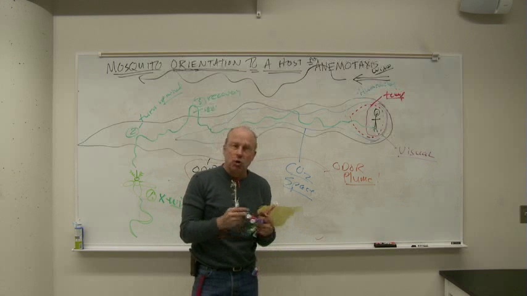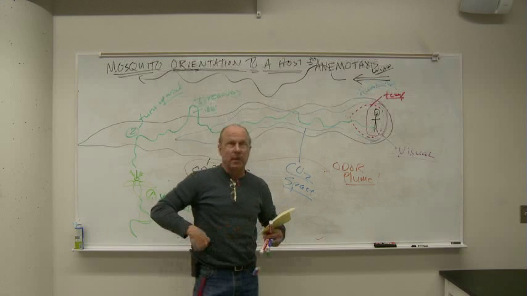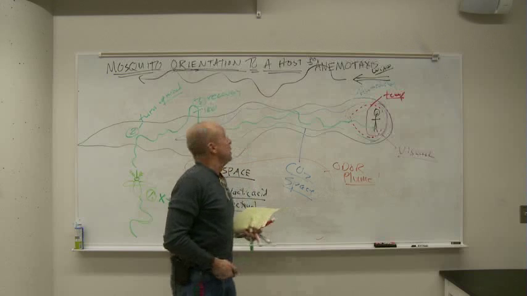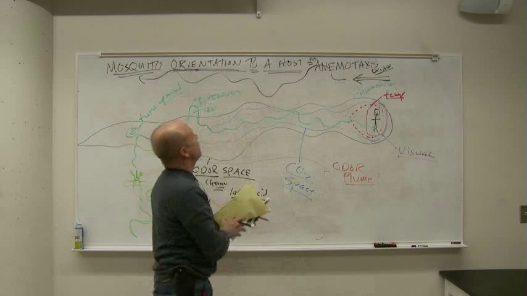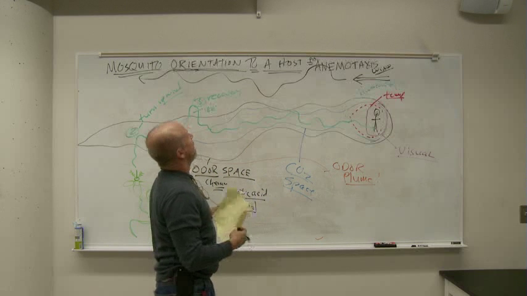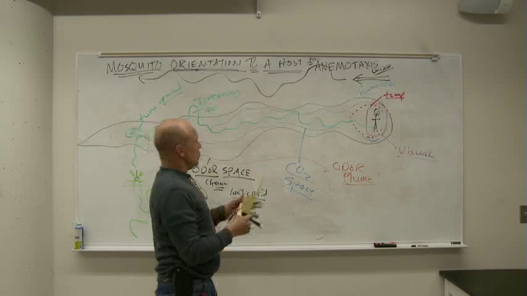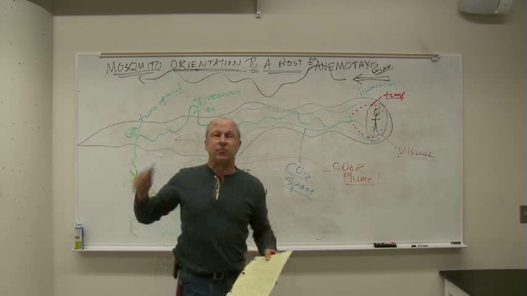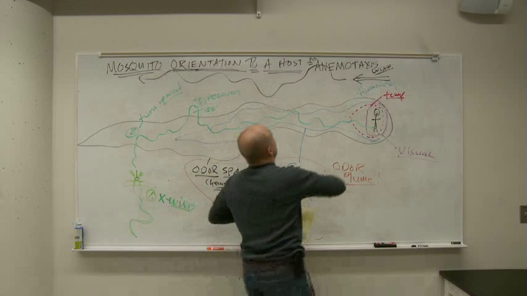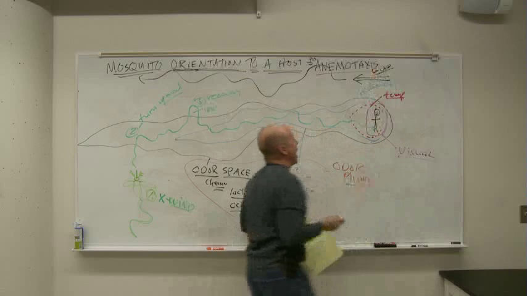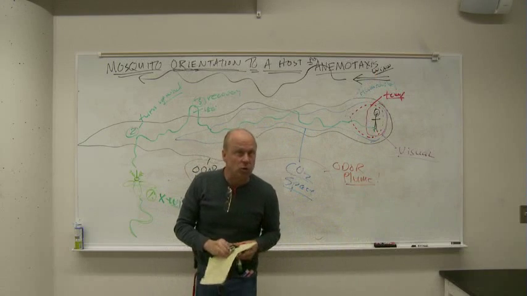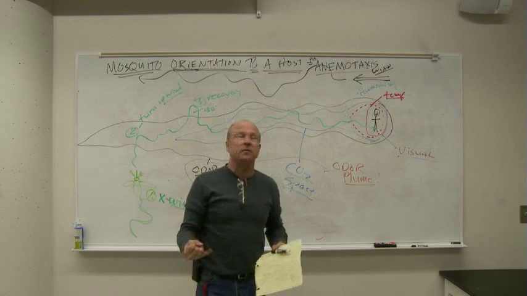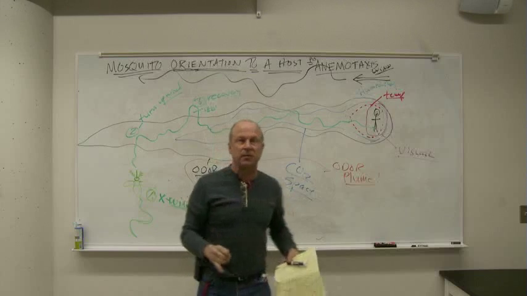So that's what we want to do when we start to talk about true orientation using multiple cues, is we want to bring into the story the best terminology that we have to describe the phenomenon. So mosquitoes use positive anemotaxis. There's a whole bunch of other cues, but we're not going to call it chemotaxis. We're not going to call it phototaxis.